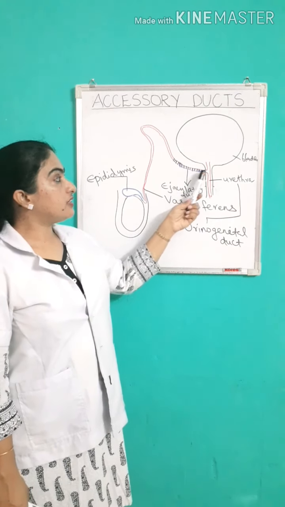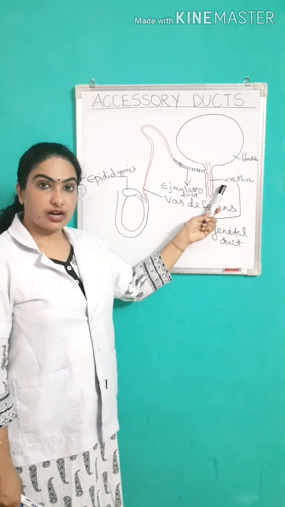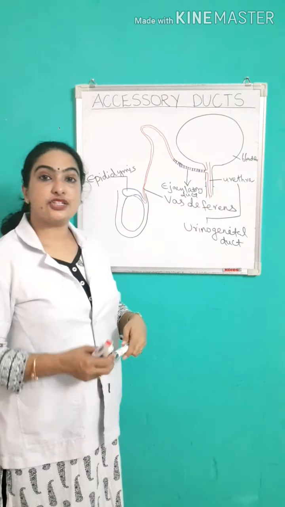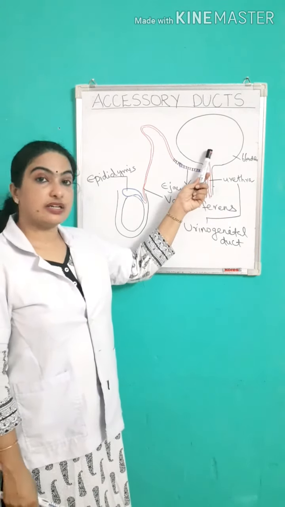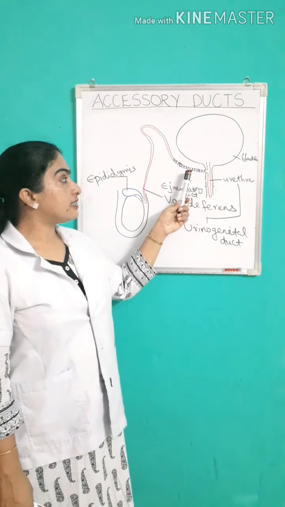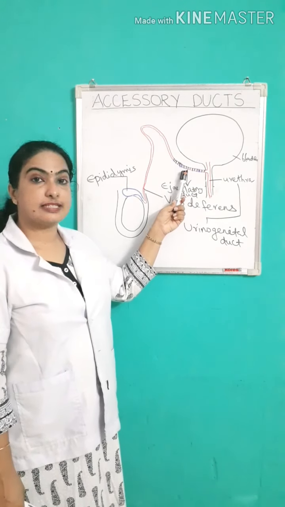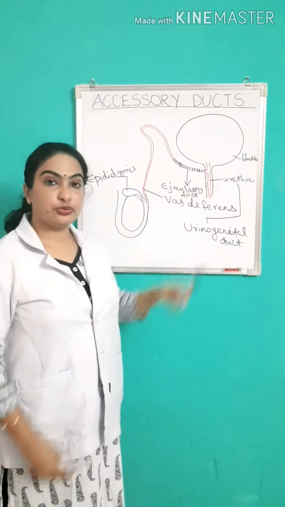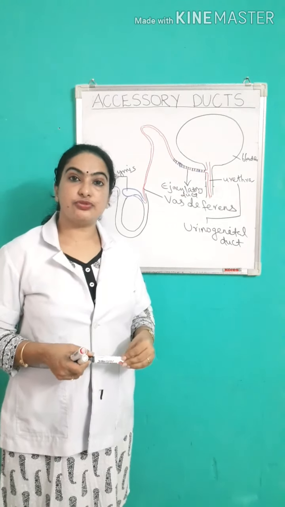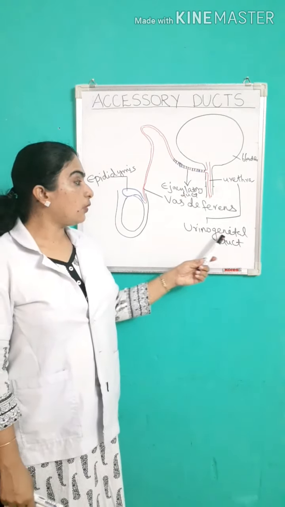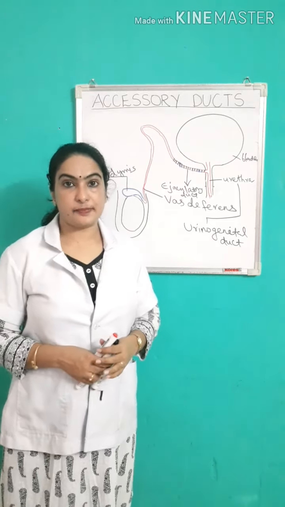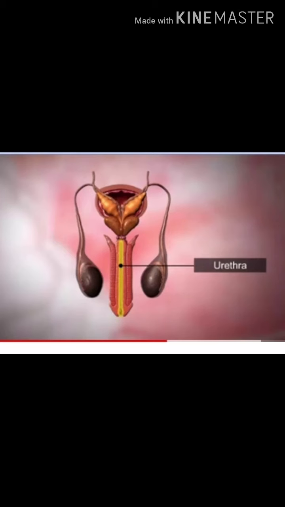And the ejaculatory duct opens into the urethra. The urethra is a muscular tube that arises from the urinary bladder, and it acts as a common passage of both sperm and urine. So the urethra is also known as the urinogenital duct. You can see the picture now.